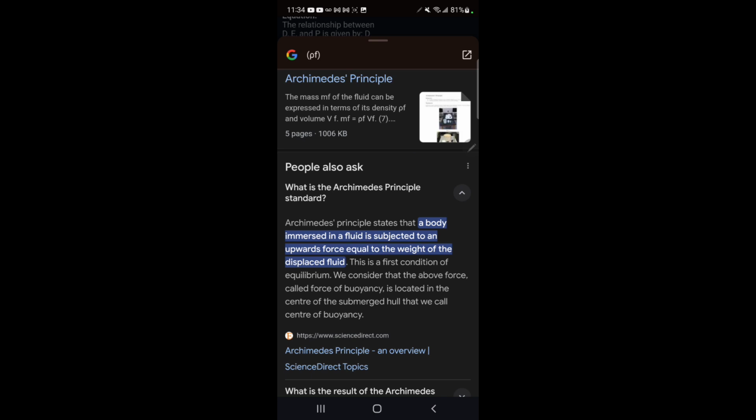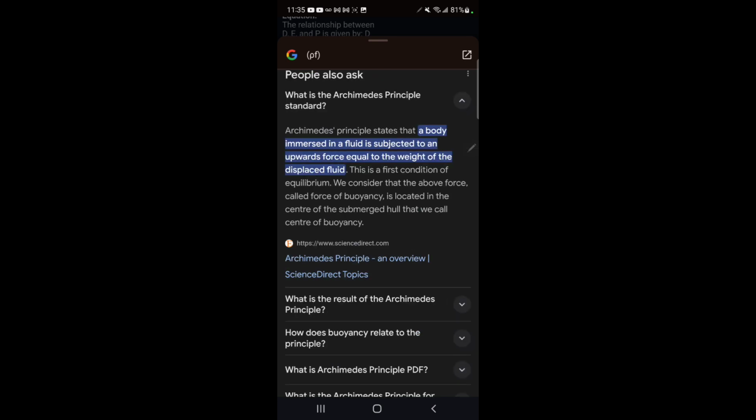This is the first condition of equilibrium. We consider that the above force, called the force of buoyancy, is located in the center of the submerged hull, what we call the center of buoyancy. Or scepter. Sounds like center, huh? Words, how they hold weight.